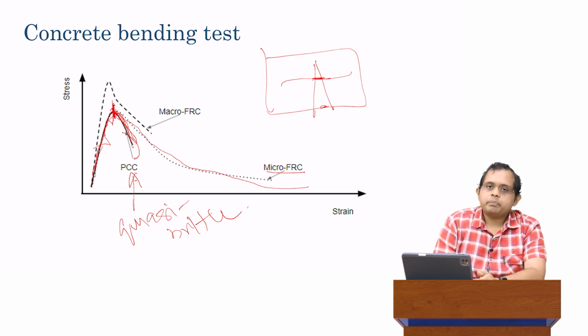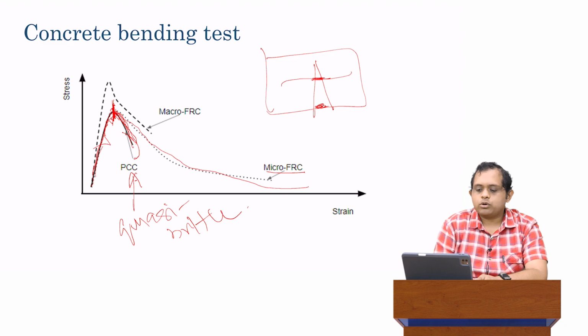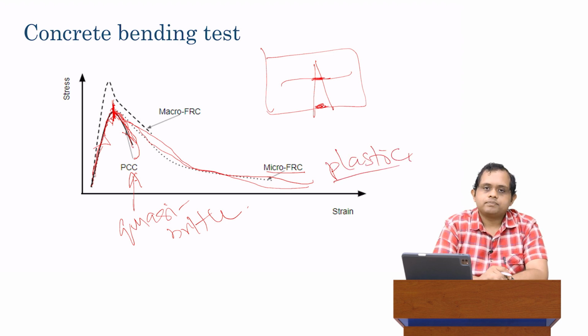And that's what this peak here basically represents. So the peak stays the same because the crack forms in both cases in the plain cement paste. But because of the arresting of the crack propagation due to the fiber, the post-peak behavior is significantly different when we have micro FRC. It basically stretches out much longer, or to put it in mechanics terms, it becomes a much more plastic material.